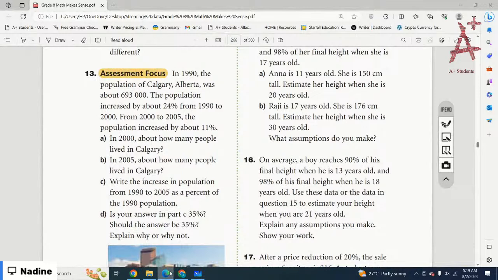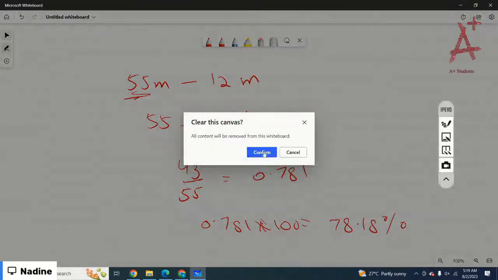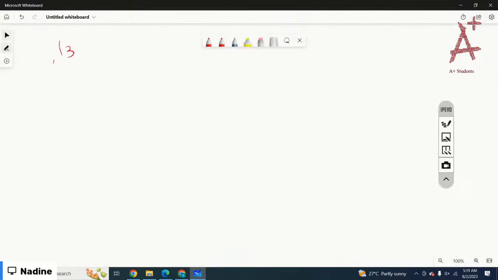The population increased by about 24% from 1990 to 2000. Let's start with part A. The 24% increase means it is 124%, 100 plus 24, right? 100% population is 693,000. Got it?